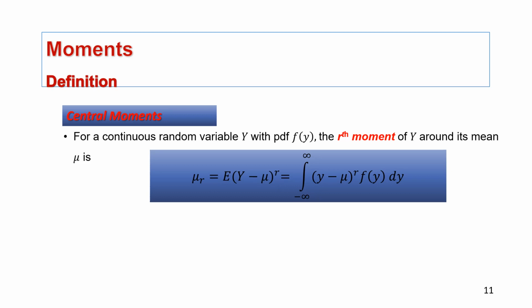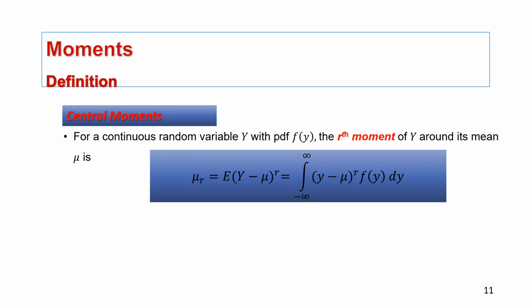Mu r, in this case, is the expected value of y minus mu to the power r. Here, because it's the moment around the mean, we subtract mu. So it's the expected value of y minus mu to the power r.